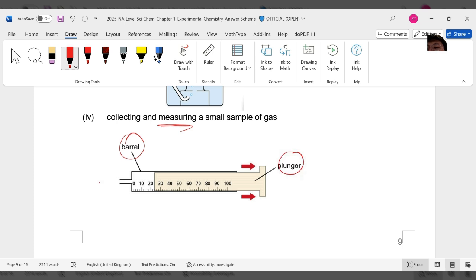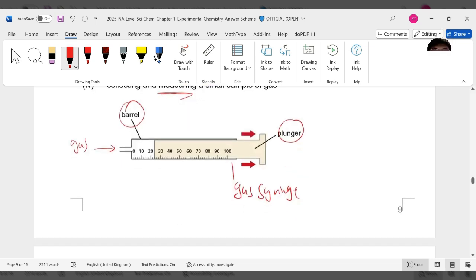I connect this part to whatever gas is coming in, and then it fills up with the gas. These are little lines. In the exam, it's more important to label the whole thing as a gas syringe. Correct spelling, okay?